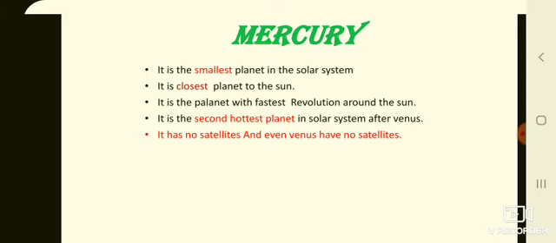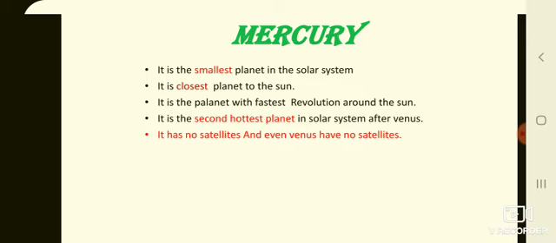And rotation means to spin, just to spin. All the planets have another kind of motion, that is rotation. That means they keep on spinning on their axis. I'll explain these things later in my next video also. The planet which has the fastest revolution around the Sun is Mercury.